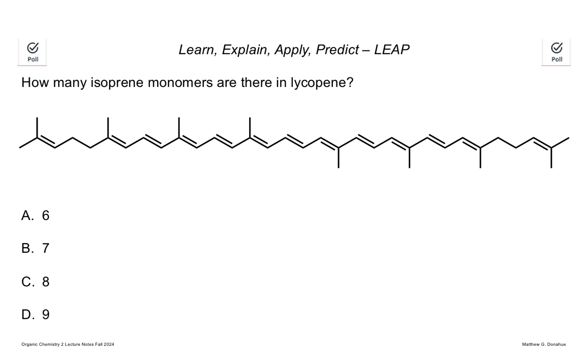So here's lycopene, which we saw when we were talking about conjugation and why fruits and vegetables are colored. How many isoprene monomers are in lycopene? One thing you can do is look at those methyl groups. If you just look at the top, on the left there are 4 methyl groups.